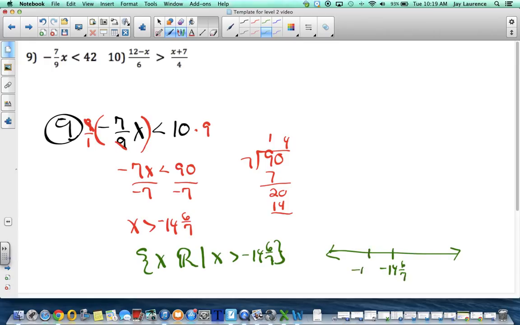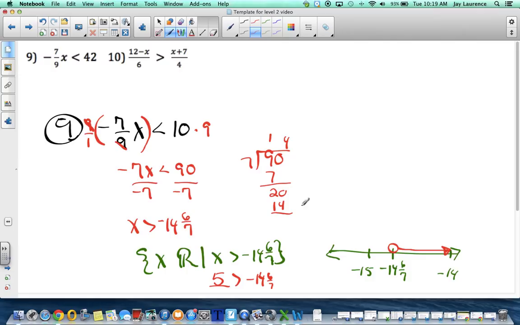I'll show a -15, and then over here I'll show a -14. I'll do an open point because it's not equal to. x is greater than -14 and 6/7, and numbers greater than -14 and 6/7 would be to the right. So I will shade to the right.